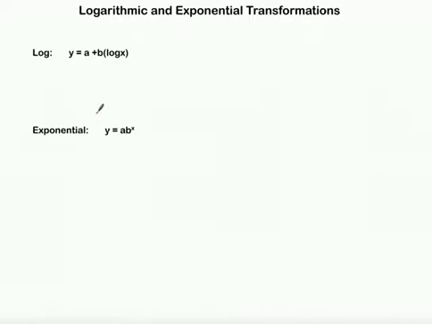The power model is not the only way that we can transform data to create a linear pattern out of a nonlinear pattern. We could also use logs to do that as well. If I see y equals a plus b times log x, this looks similar to y hat equals a plus bx.